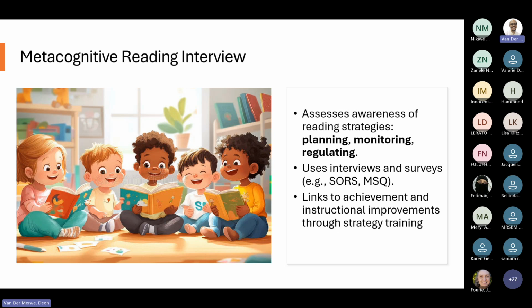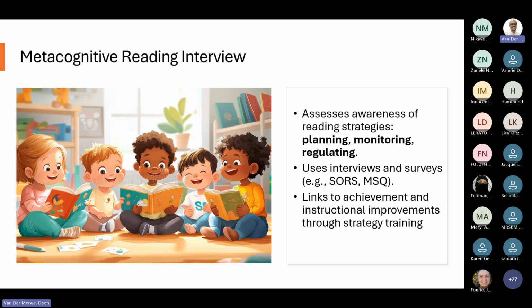Is the case child aware when he or she doesn't understand something, as well as regulating? Can the case child adjust his or her strategy, like rereading or summarizing, if he or she hits a confusing section of the comprehension which you have presented to him or her?